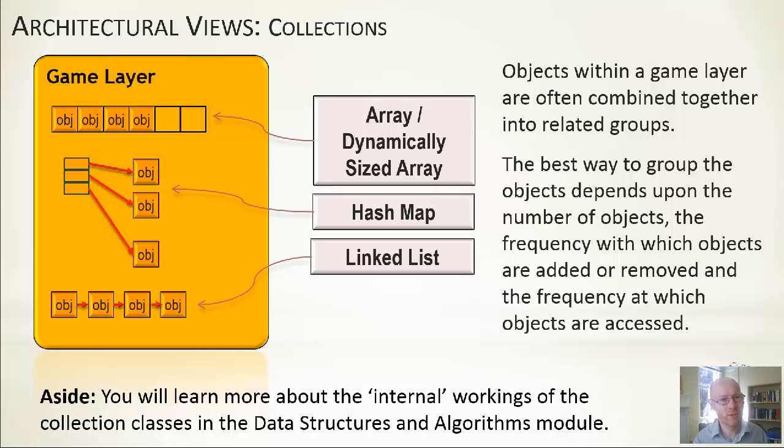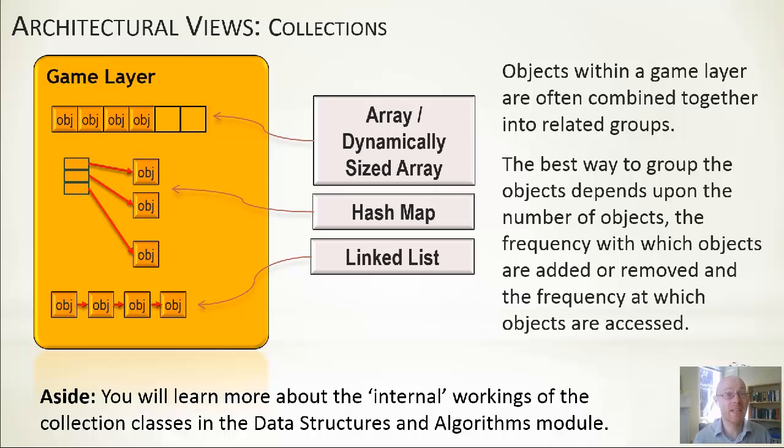Fundamentally the only way they differ is in terms of the ease with which items can be added, the cost of adding or removing an item. So anytime you add something, there's a performance cost. Anytime you remove it, there's a performance cost. And there's the ease with which you can either iterate over the set or pull out one specific item from the set.